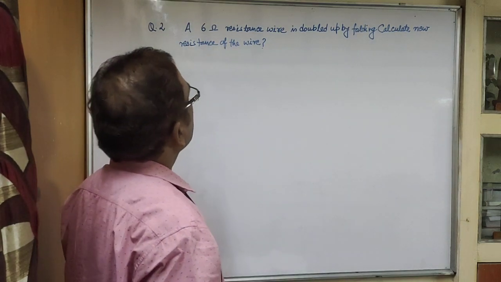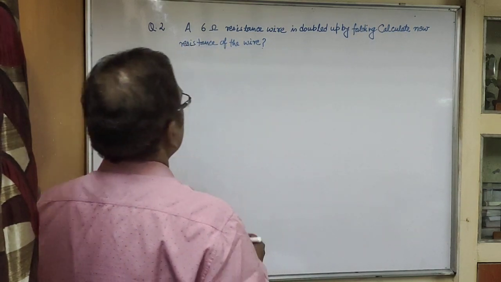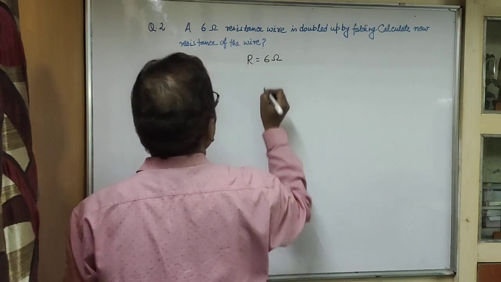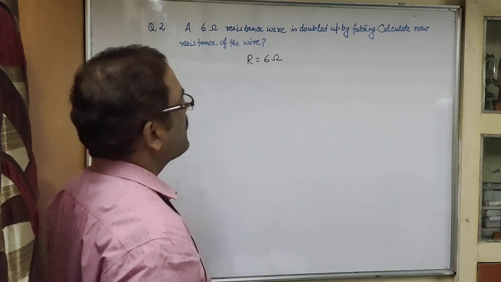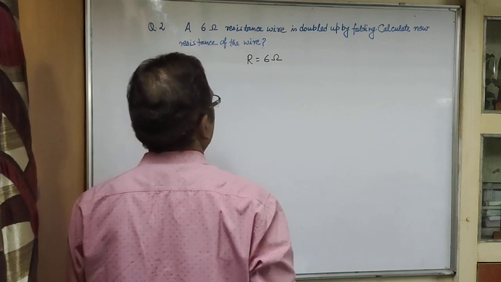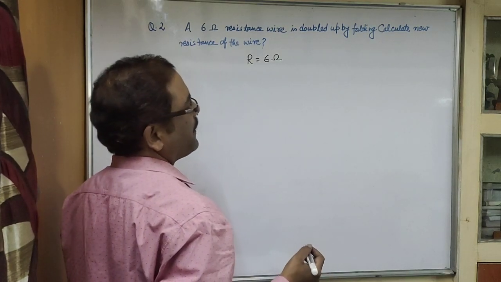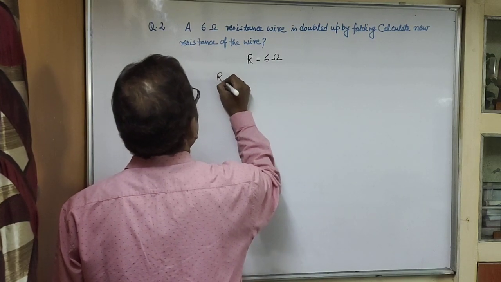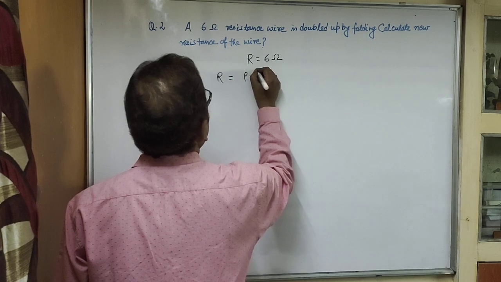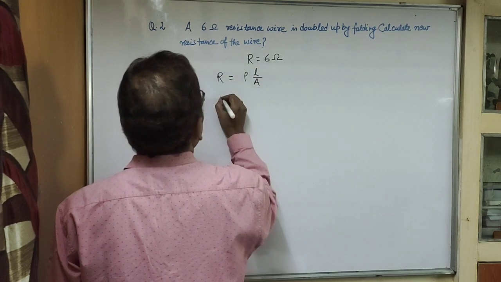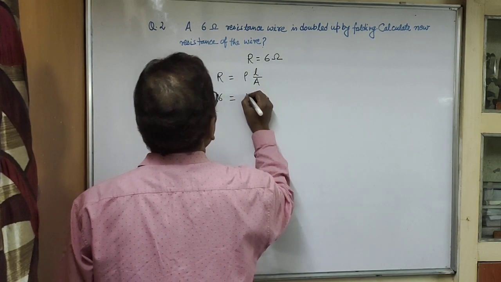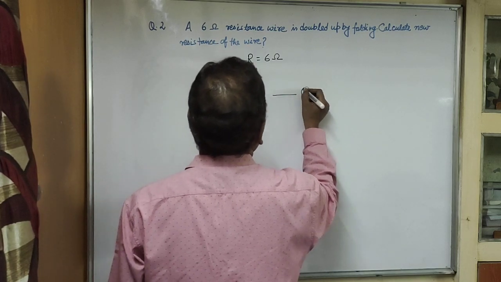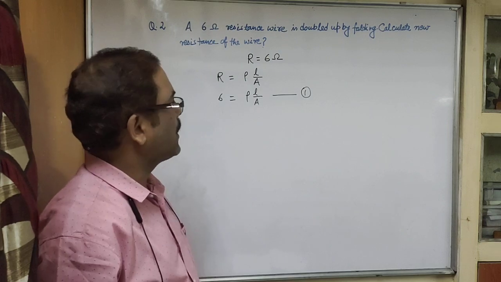So the resistance of the wire is given, 6 ohm, and use the same formula. Suppose initially the length of the wire is L and area of cross section is A, then we can write R is equal to rho L by A, or we can write 6 is equal to rho L by A, because the resistance is given, and mark it as equation 1.